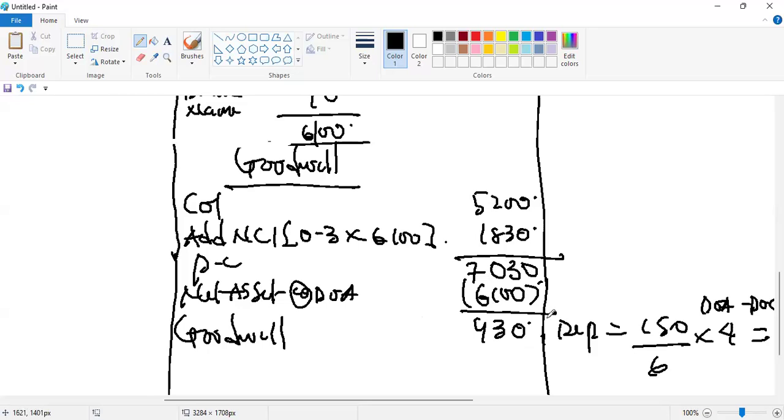Additional information for now. On 28th of March, the parent sold goods for 200 million to the subsidiary at a gross profit margin of 20%. Is there any unsold? I will ask whether there is any unsold in the goods.